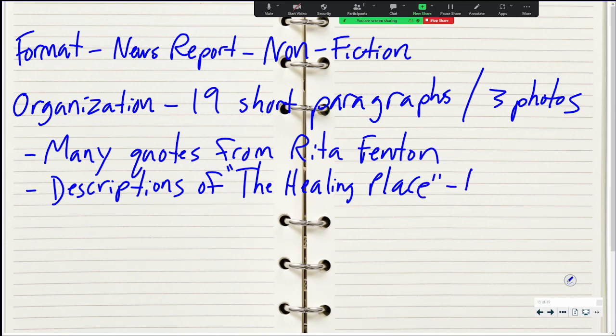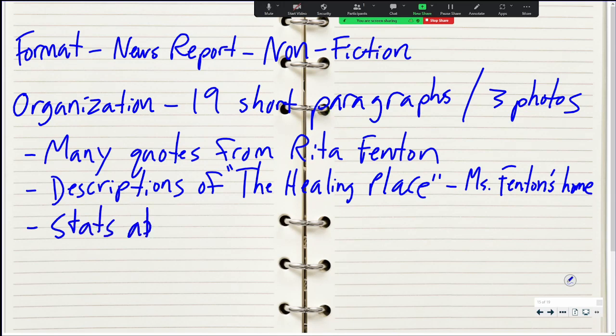That's Miss Fenton's home. Especially at the end of it, we have stats about addictions and healing.